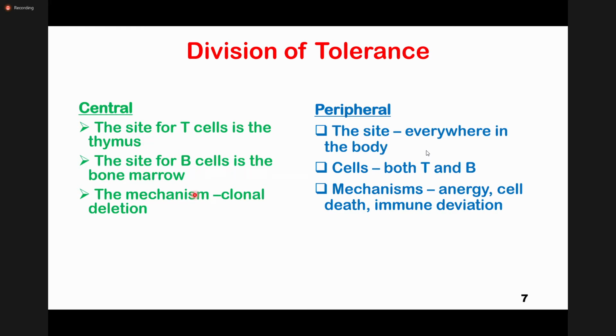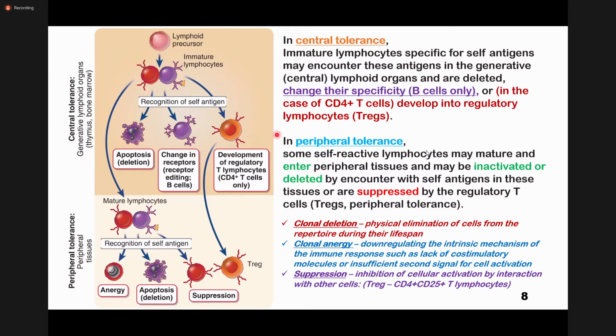The mechanism in central tolerance is mostly clonal deletion, which is complete deletion, or negative selection. Whereas peripheral tolerance occurs in systemic tissues, everywhere in the body, and can involve both T cells and B cells. The mechanisms are anergy, cell death, and immune deviation. We will explain each in the next slide. So this gives you the summary of the whole immune system in terms of tolerance.